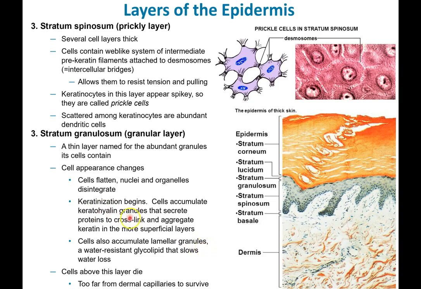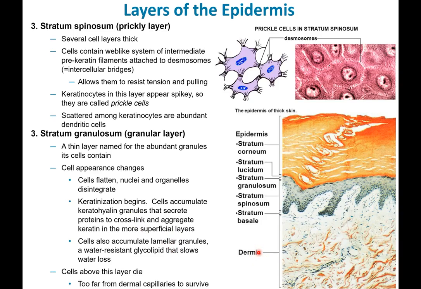Now, keratohyalin granules produce proteins that are secreted into the more superficial layers to help cross-link keratin filaments together. This creates a tight, impermeable barrier that protects the epidermis from invasion by foreign particles, as well as water loss. Lamellar granules secrete a glycolipid that coats the surfaces of keratinocytes, effectively creating a hydrophobic water barrier against water loss.